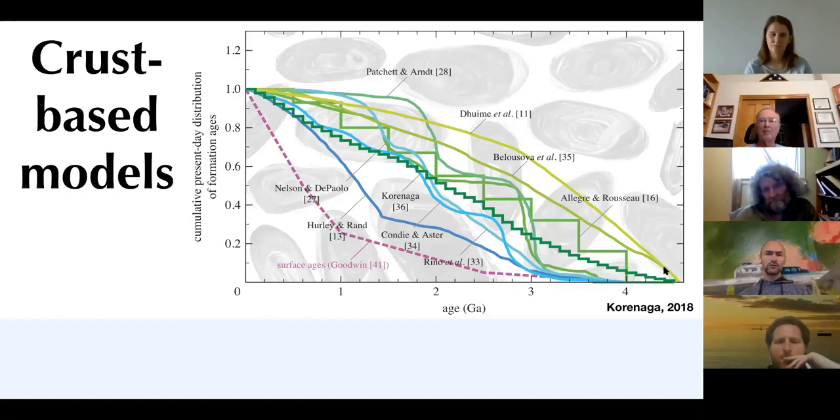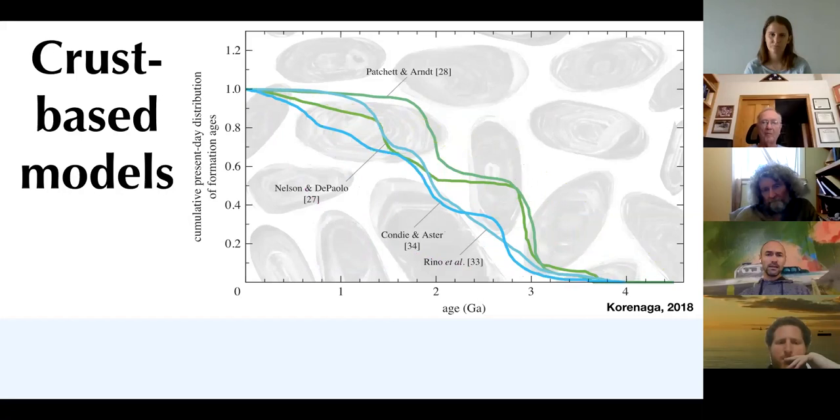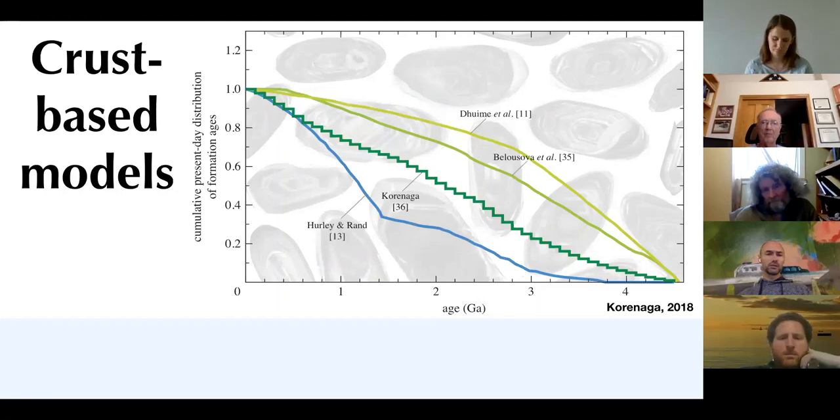Was continental growth, was crustal growth steady state through time, or did we see peaks and troughs of crustal growth through time? So we've got our episodic crustal growth models here, our steady state crustal growth models here.